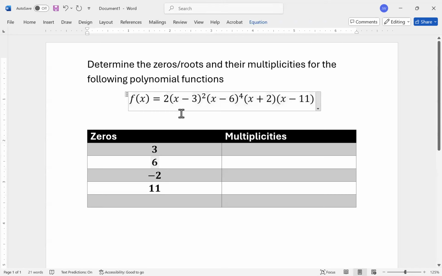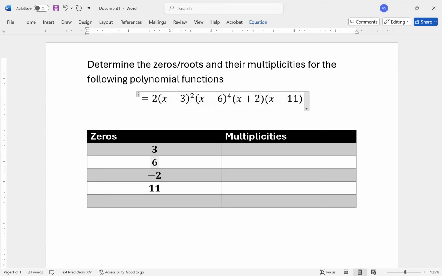In other words, we're saying my output needs to be 0. What equations work? And so I'm setting x minus 3 equal to 0, x minus 6 equal to 0, x plus 2 equal to 0, and x minus 11 equal to 0. That gives me 4 different zeros.